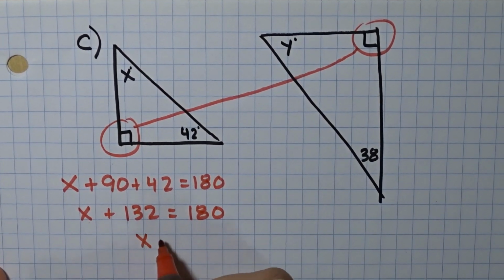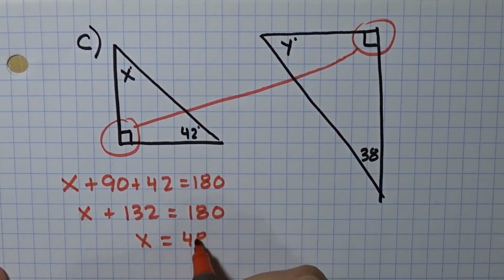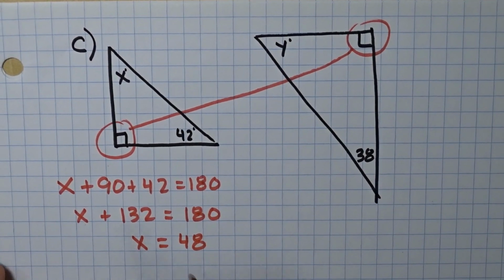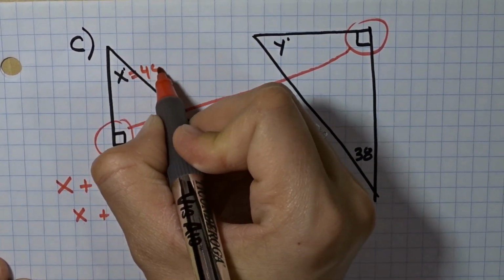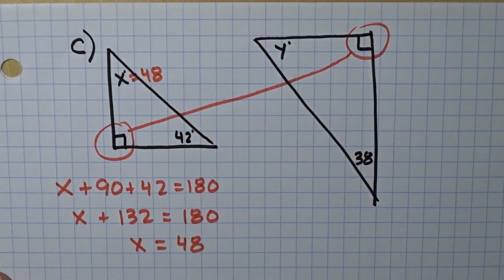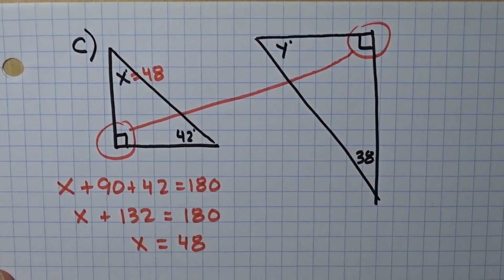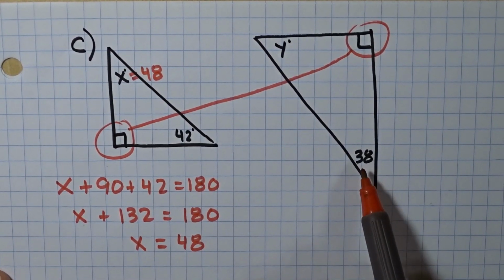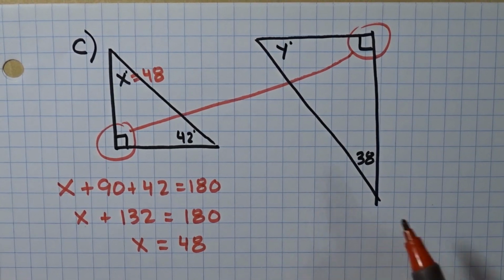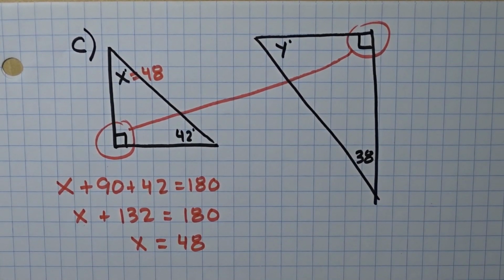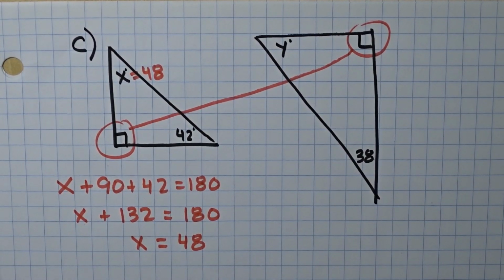When you subtract 132 from both sides, you get 48. So that means angle X is 48. So if this is 48 and 42, neither of them are going to be congruent. So we only have one pair, so the answer is no.